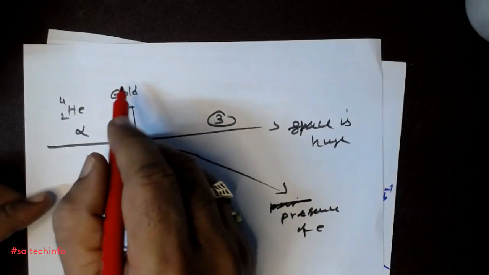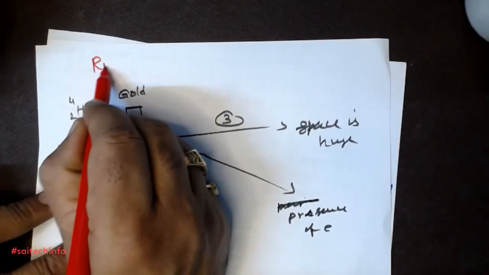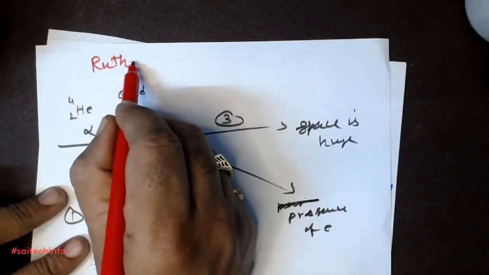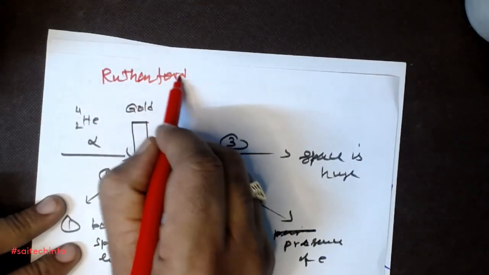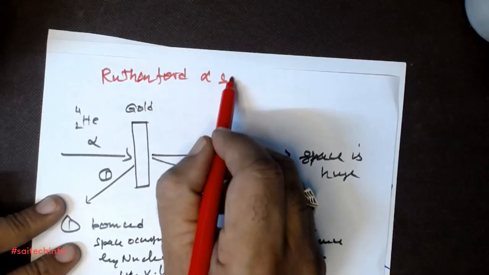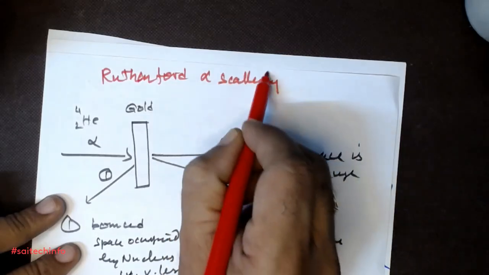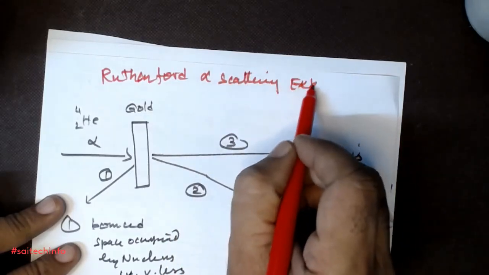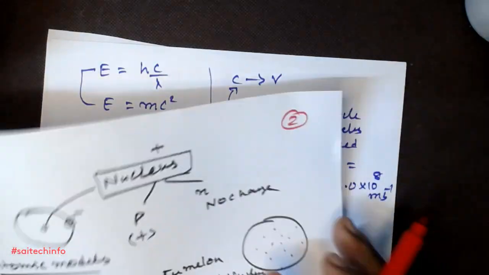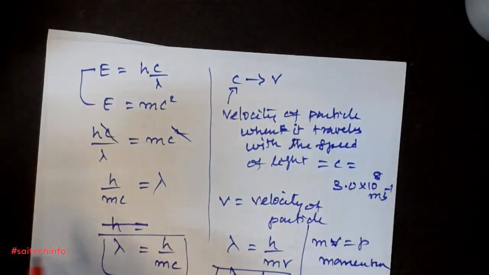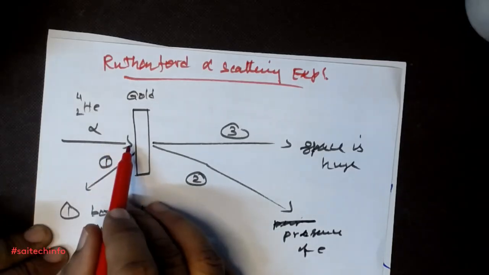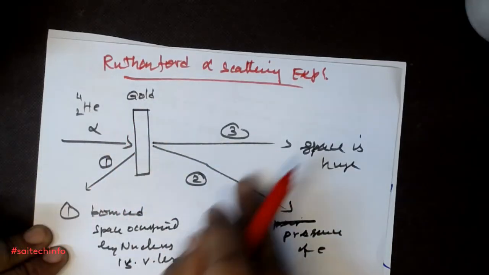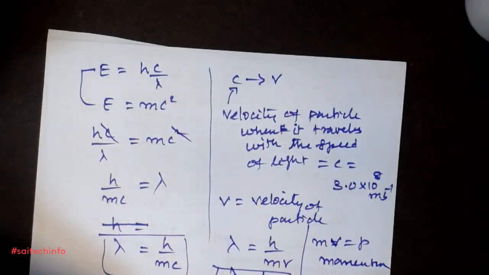And this is about the Rutherford alpha scattering experiment, where we discussed the incidence of alpha particles on the gold leaf, thereby he was able to get the three inferences.